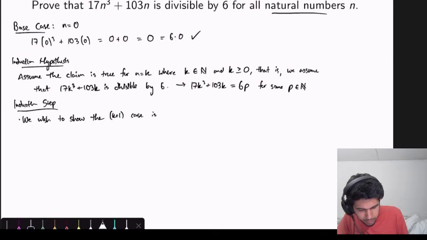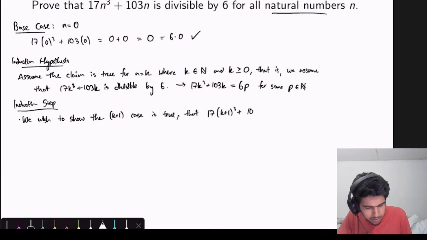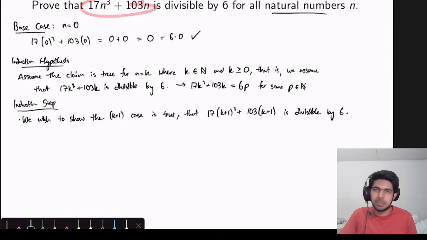And I'm going to write out mathematically what we want to show to be true because that just gives me something to look for. So that 17 times (k plus 1) cubed plus 103 times (k plus 1) is divisible by 6. Right, that's the goal. We just took what we had here and substituted k plus 1 for n.